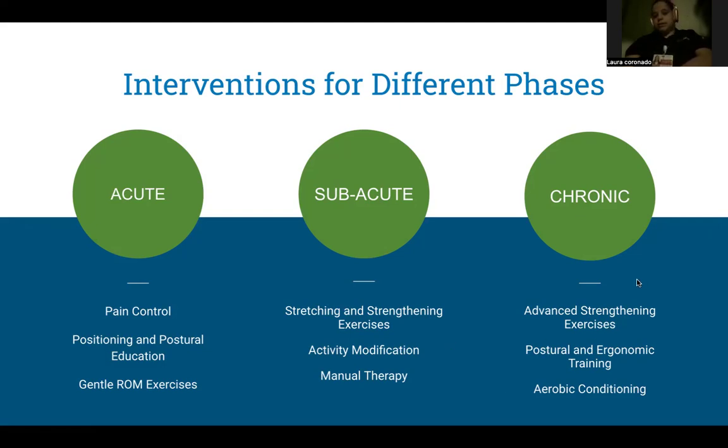For the chronic phase, advanced strengthening exercises, so we can turn that supine stretch into a standing stretch. Turn it from a static stretch to more of a dynamic stretching. Do a little bit more weights with the strengthening, going from gravity eliminated strengthening exercises to strengthening exercises against gravity.